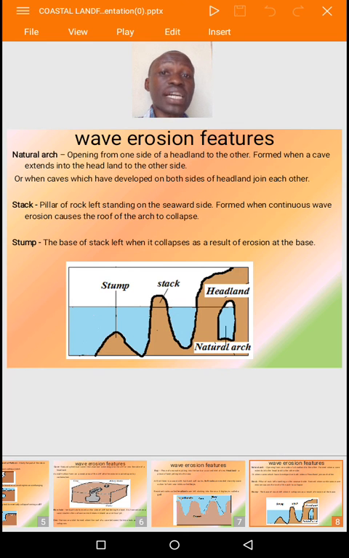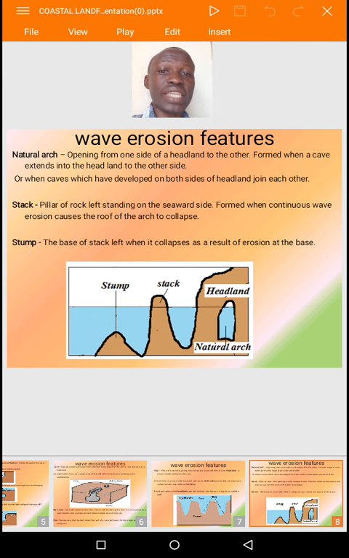Then we have a stack, a pillar of rock left standing on the seaside, formed when continuous wave erosion causes the roof of the arch to collapse. Initially there was that roof, then it collapses. So that piece of rock left standing in the seaside is what we call a stack, like in our illustration.